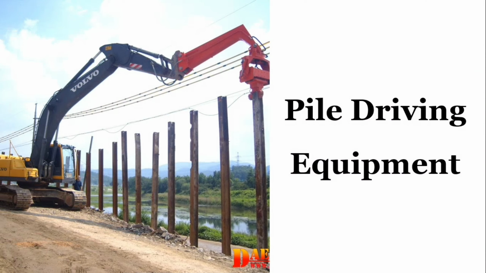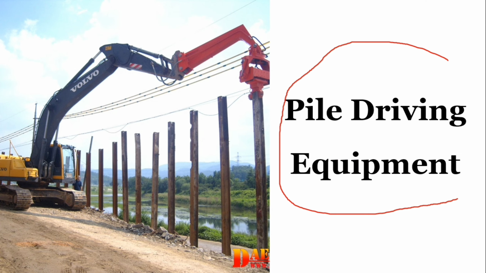For that type of work, a mechanical process is used, known as pile driving equipment. We skip this for now because in chapter number 1, when we discuss pile foundations, we have the entire topic, so we will discuss it at that time.